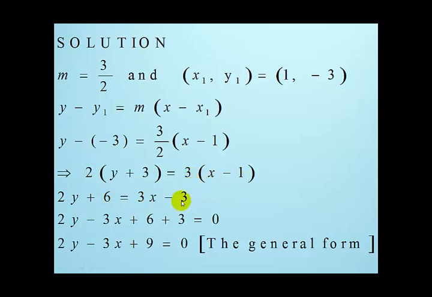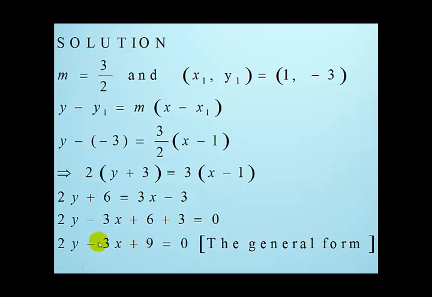Now let's group all the terms on the left hand side. So 3x on the right hand side becomes minus 3x on the left hand side, and minus 3 on the right hand side also becomes plus 3 on the left hand side. All is equal to 0, because all the terms on the right hand side are now on the left hand side. Now we have 2y minus 3x plus 6 plus 3 is equal to 0. 6 plus 3 is equal to 9.